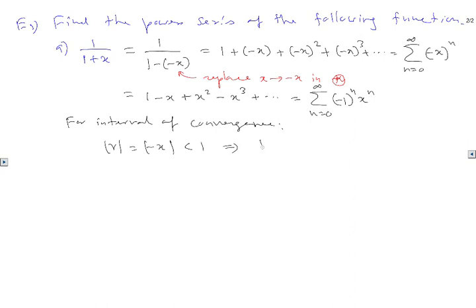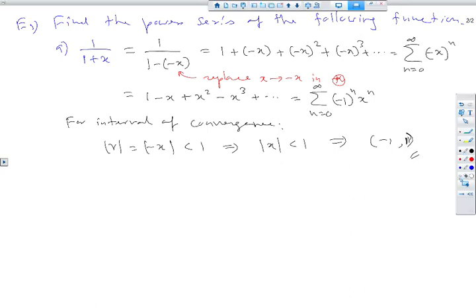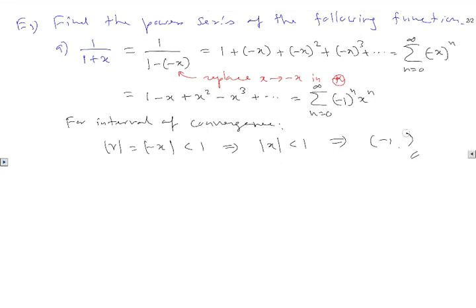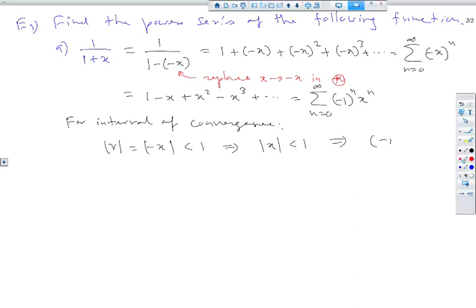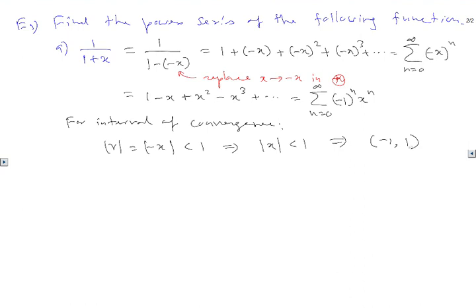So this says that the absolute value of x is less than 1, which means the same thing as negative 1 to 1. That's the interval of convergence for this one as well. So it's the same answer for both problems, whether 1 plus x or 1 minus x. Interval of convergence means that only in that interval are the two things equal.